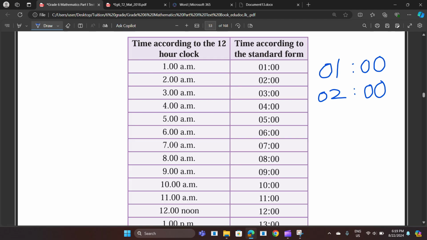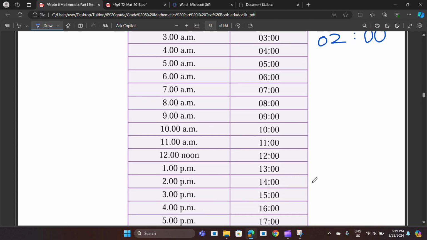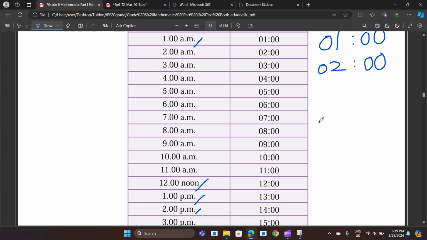And here in the 12-hour clock, we are saying whether it is AM or noon or PM. Likewise, we are telling what the time is. Is it morning? Is it evening? It is daytime or it is night time. Likewise, we are telling the period of time after the time.